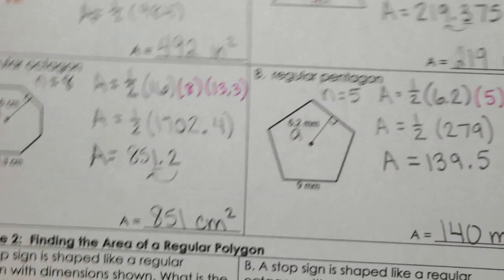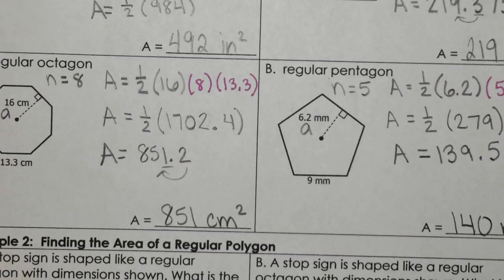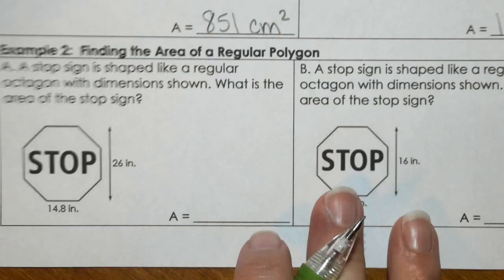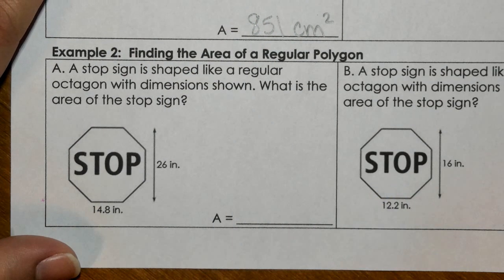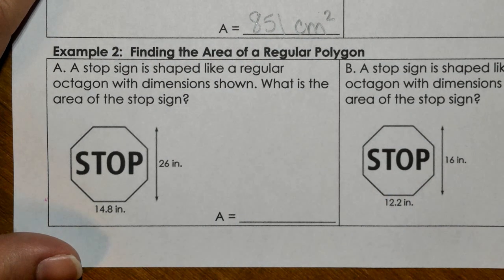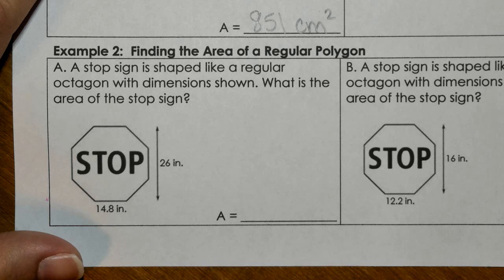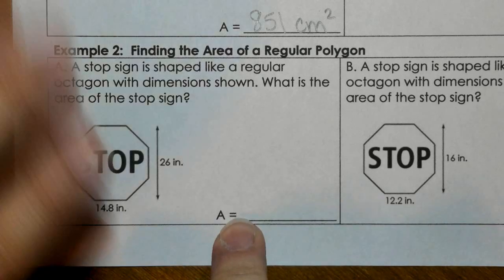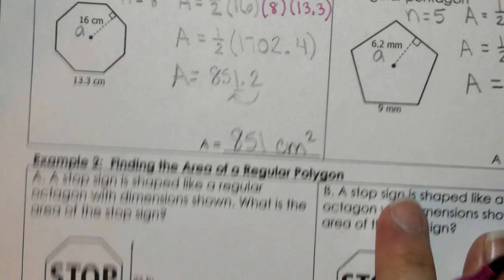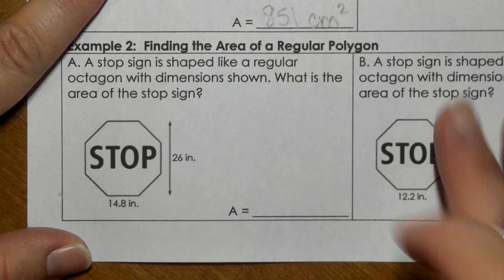Okay, now for this problem down here, a stop sign is shaped like a regular octagon with dimensions shown. What is the area of the stop sign? So first, you will have to get your center. Okay, so we're going to estimate that.